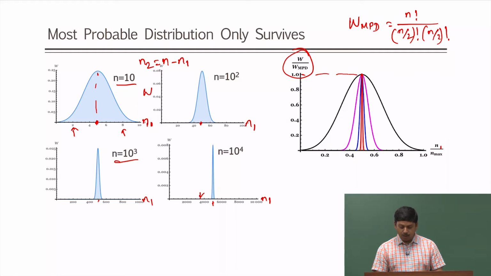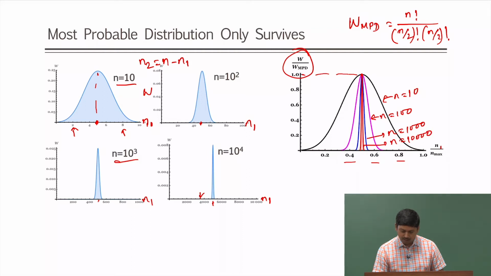However, now I am talking about fractional deviation. So, this is for n equal to 10, this is for n equal to 100, the blue one is for 1000 and the red one is for 10,000, just what we have seen on the left hand side of the graph. You see, by the time it goes to 10,000, the deviation is almost 0.02.